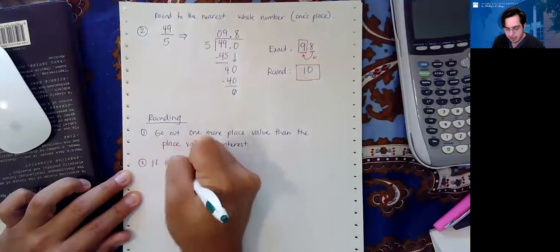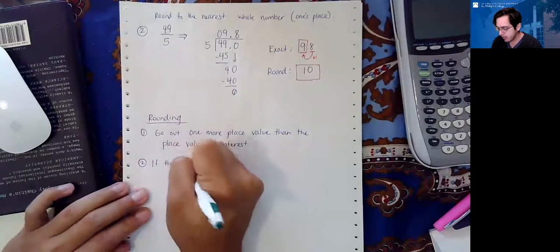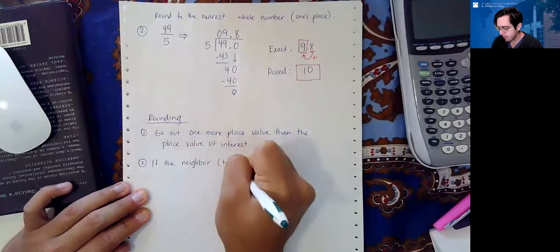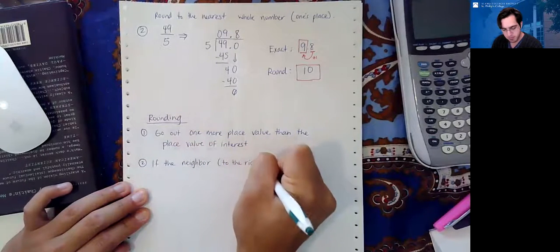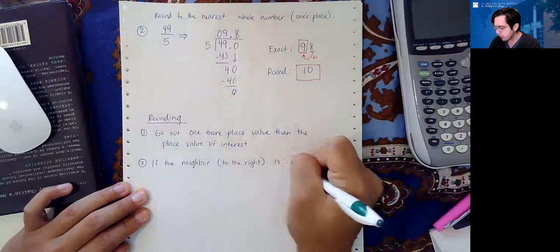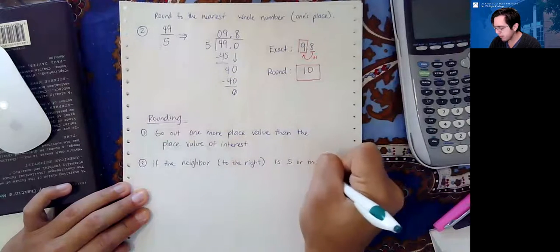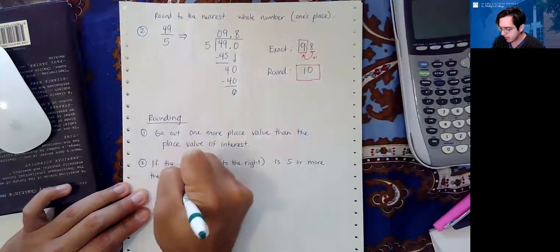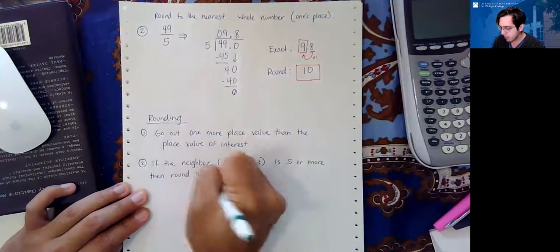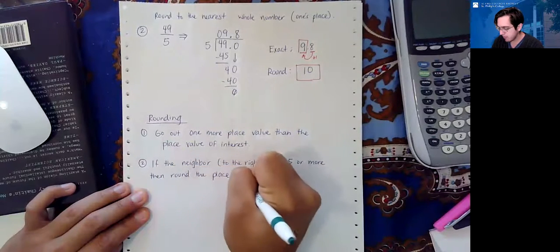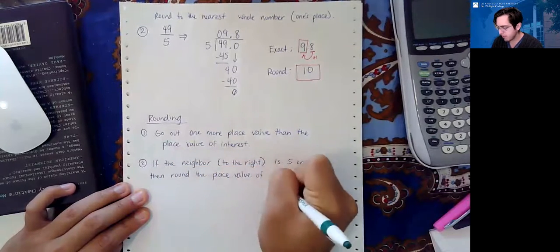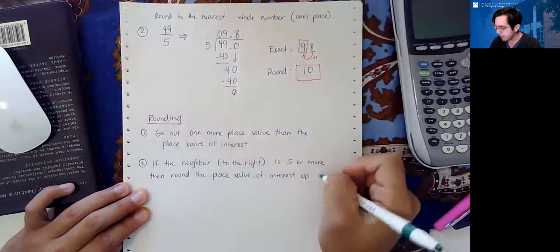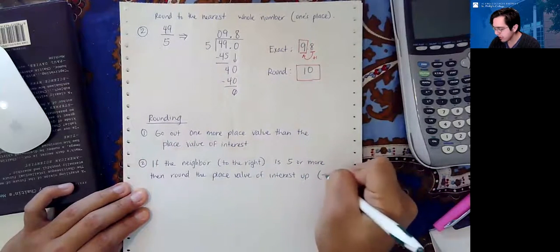If the neighbor to the right is 5 or more, then round the place value of interest up, which is essentially adding 1 to it.